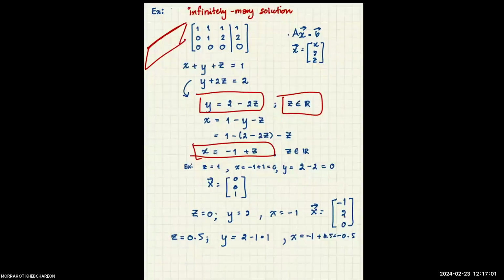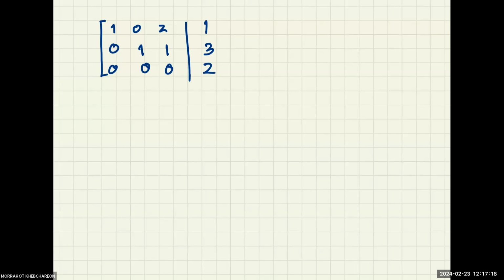Let me introduce you to another reduced row echelon form and then we're done for today, okay? So we have 1, 0, 2, 1; 0, 1, 1, 3; 0, 0, 0, 2.